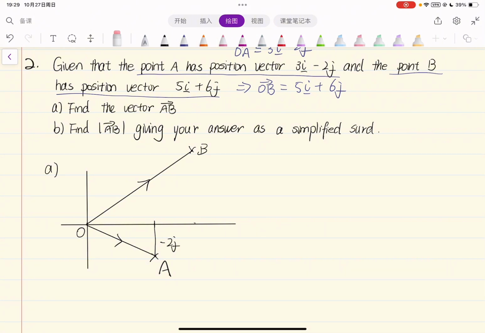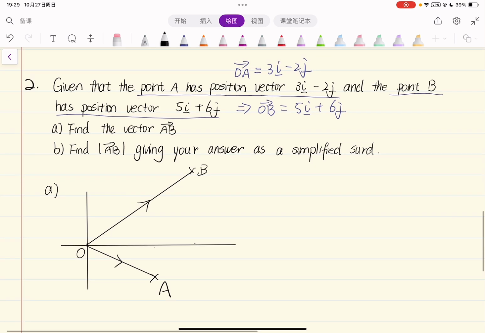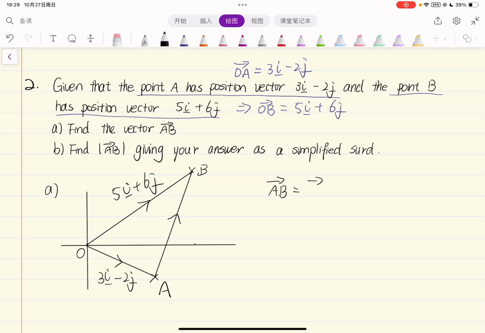Here we can see we have 3i minus 2j and 5i plus 6j, and it asks you to find the vector AB, from point A to point B. Thus, the vector AB equals the vector AO plus the vector OB.